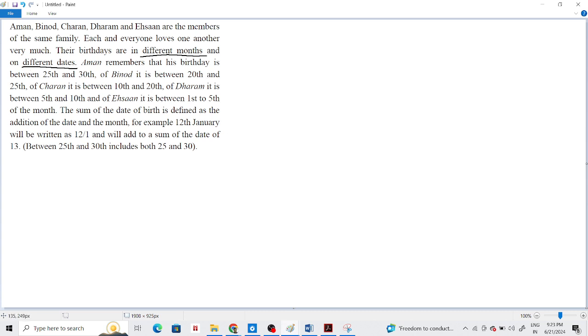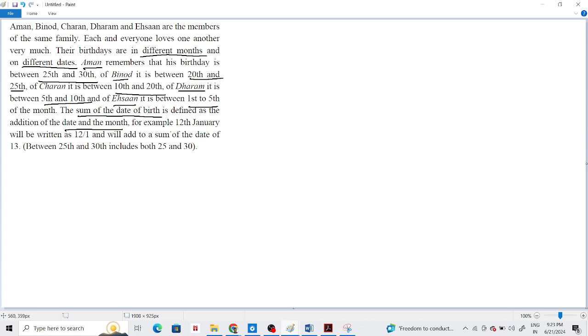Aman remembers that his birthday is between 25th and 30th, Binod between this and this, Charan between this and this, Dharam between this and this, Ehsan between this and this. The sum of the date of birth is defined as the addition of the date and the month.